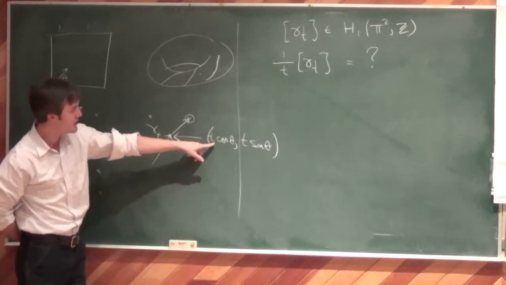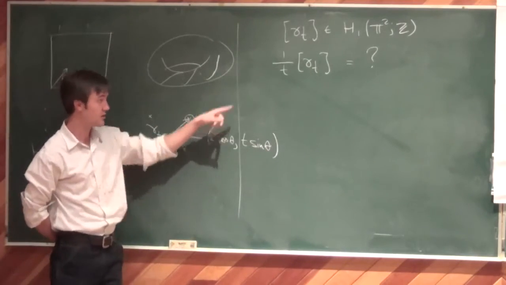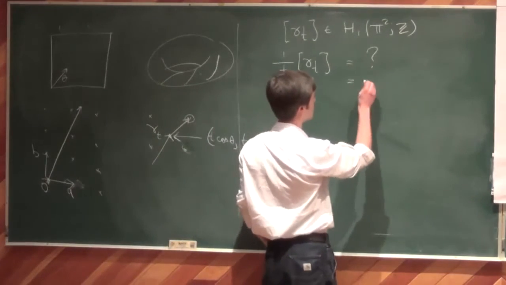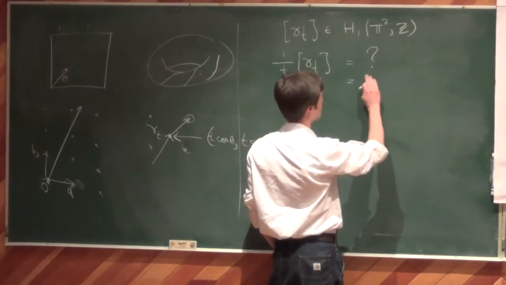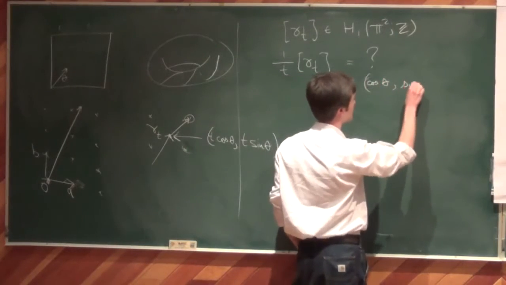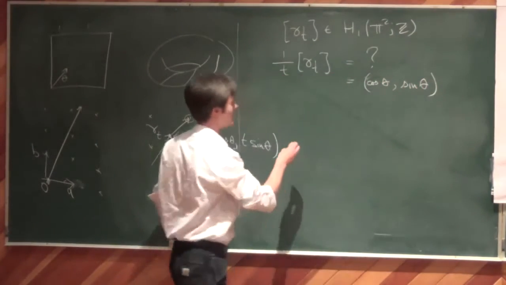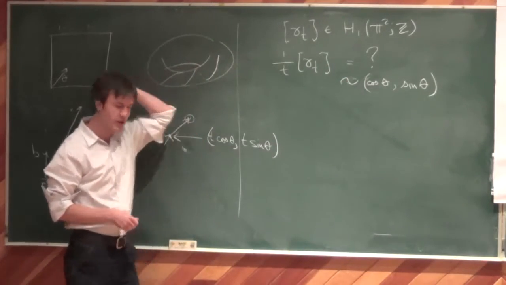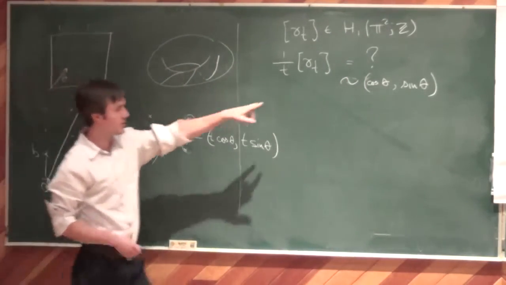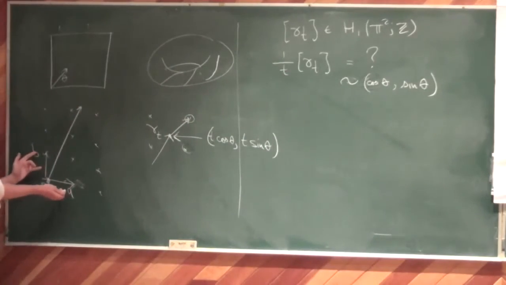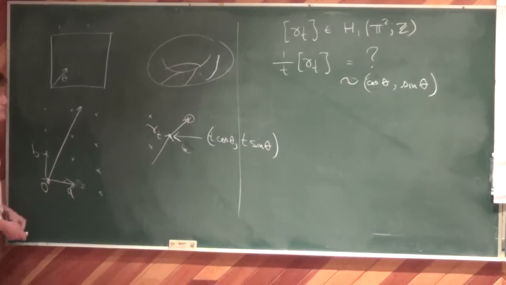And when you divide by t, you can see that the 1 over t times this class will cancel. And so this thing will be roughly cosine theta, sine theta. I should just put an approximate sign. In the limit, these things are actually equal. Where I write two coordinates for the coordinates A and B. Think of these things as homology classes.